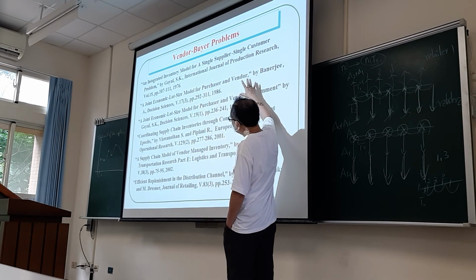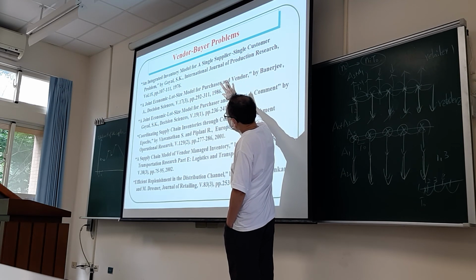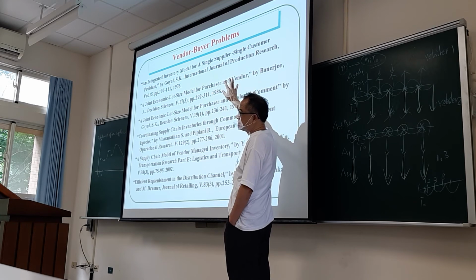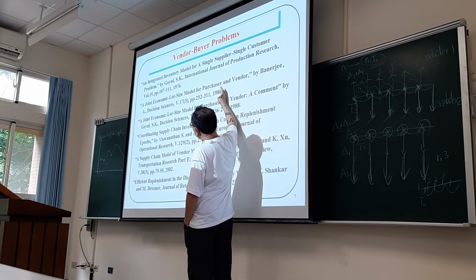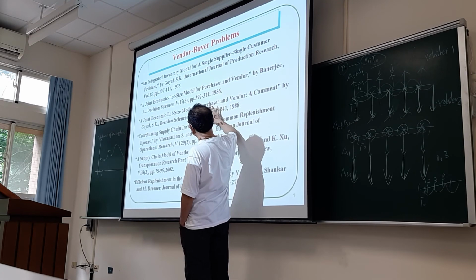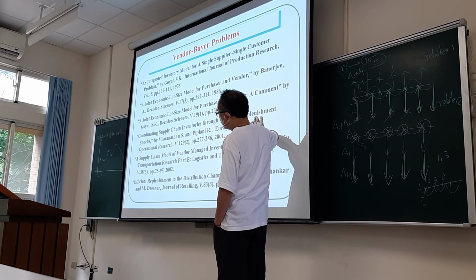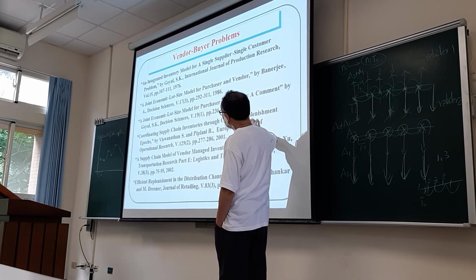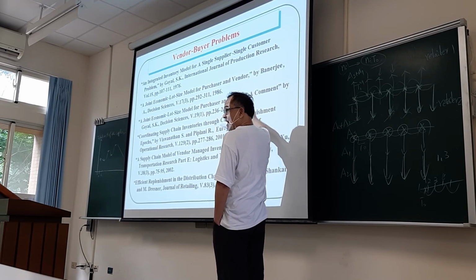Actually, we can see the very first one appears in 1976, and then the JERS became very popular after 1986. So, how about this one? It's all CRE. See, like what? 15 years after this one.